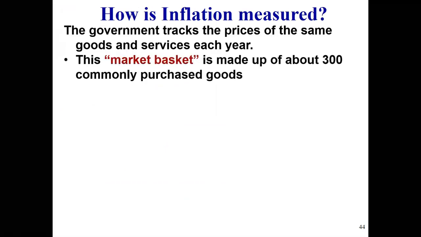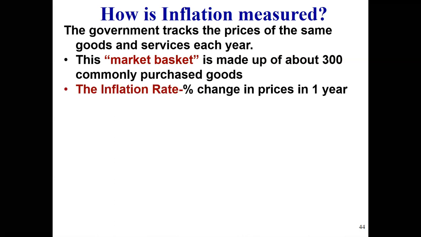Okay. So this is the first way, the most common, the CPI index. Like it says, it's the market basket of the 300 most commonly purchased goods. Some of those goods could be a foreign car or something from overseas. It doesn't matter where it's from, it's the 300 most consumed goods.